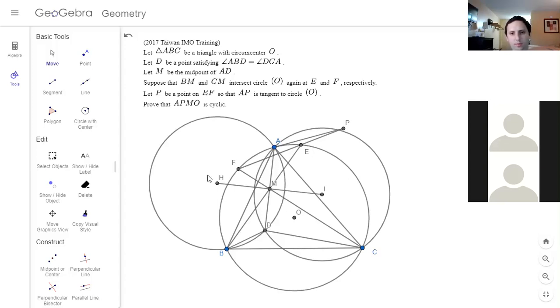What if maybe poles and polars or something like that?